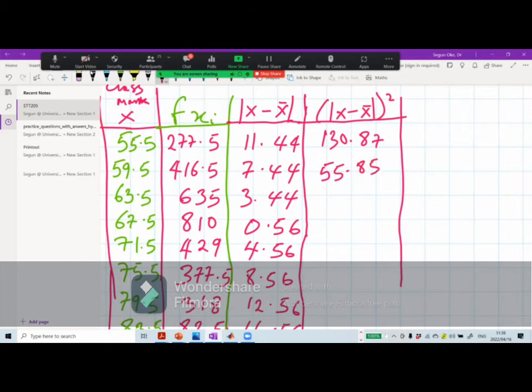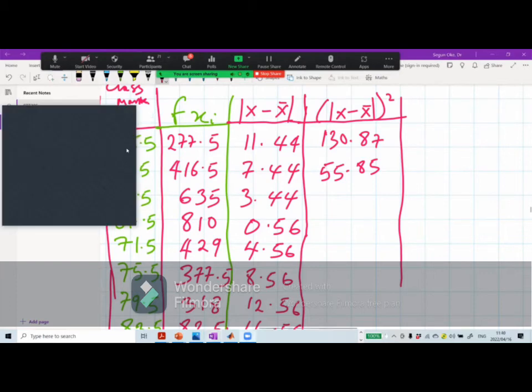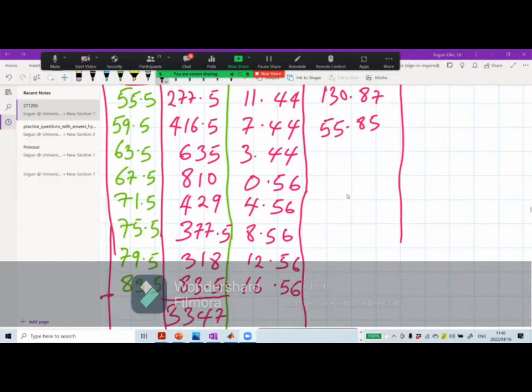Next, 1.83. Next, 0.31. Next, 20.79. Please, sir, that second one is 55.35, not 85. Exactly, it's 35.